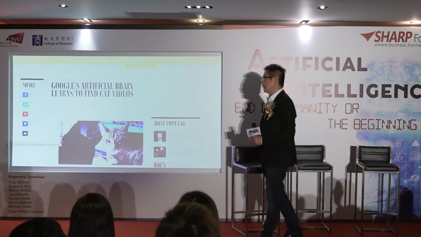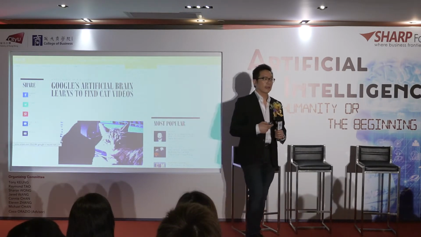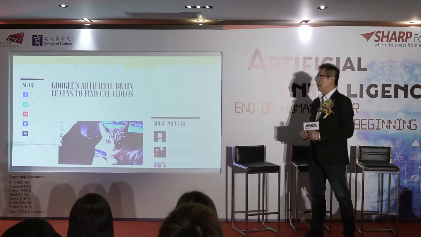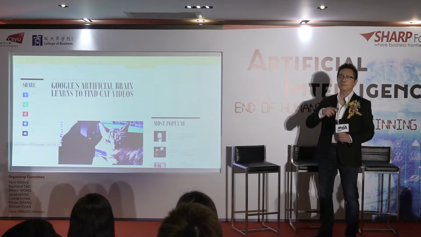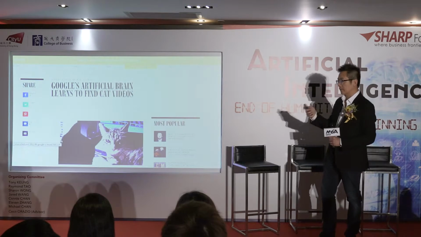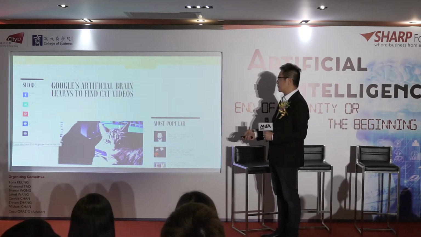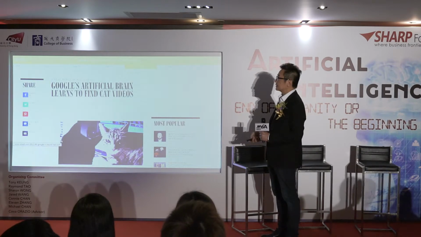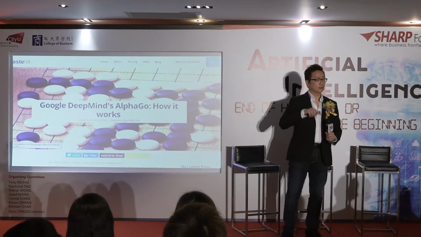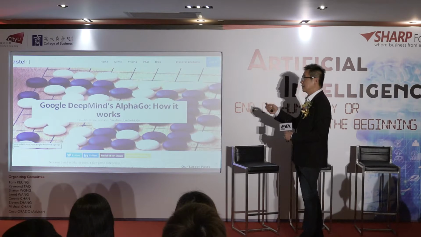So it looked at 30 million YouTube videos and automatically categorized them into different categories. At that time, the Google brain had 1 billion connections between different neurons and I think several million neurons. And the accuracy was 75% at recognizing the cat. It's pretty impressive, huh?